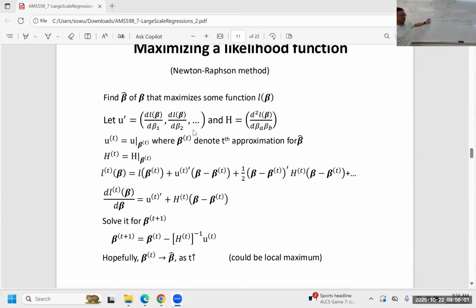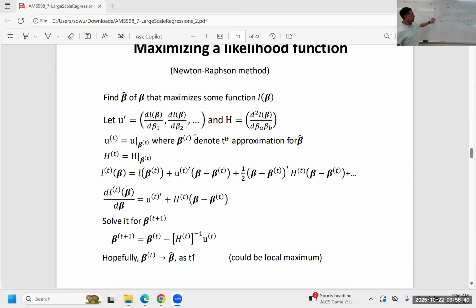If you want to maximize this function L beta with respect to beta, it is essentially equivalent to maximizing the second order Taylor expansion.